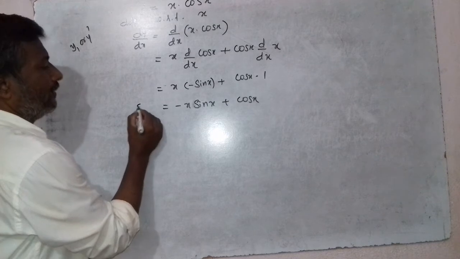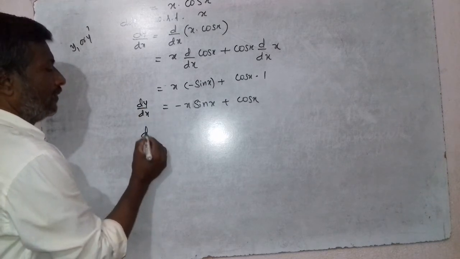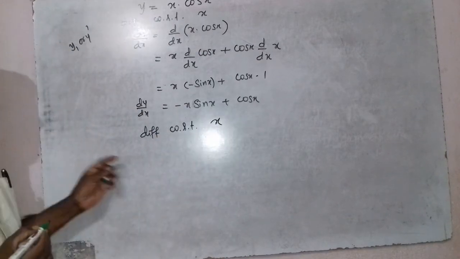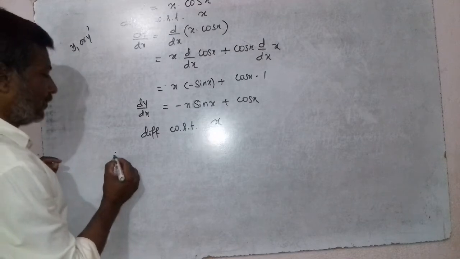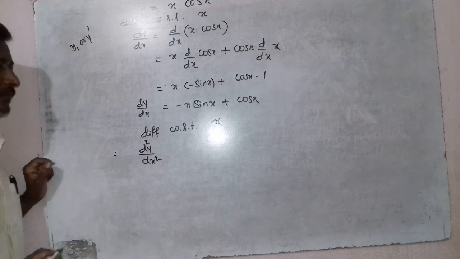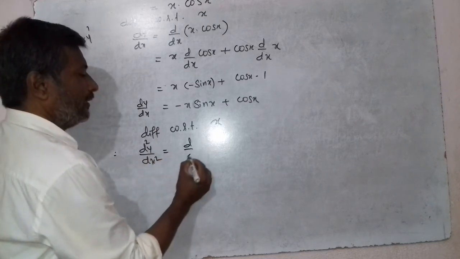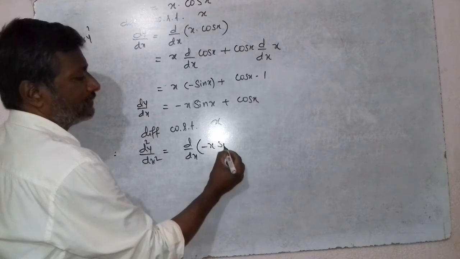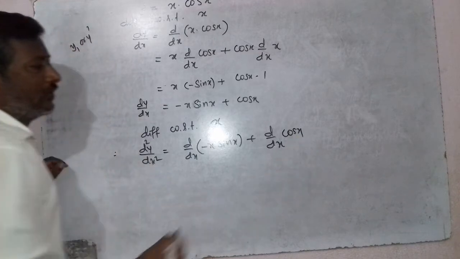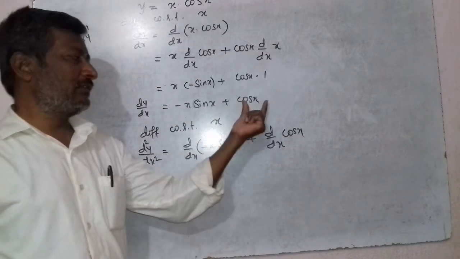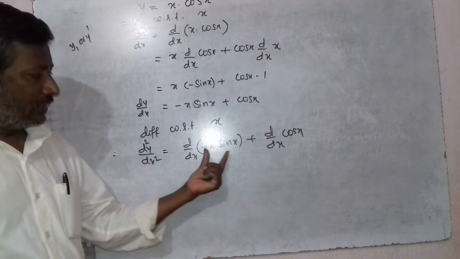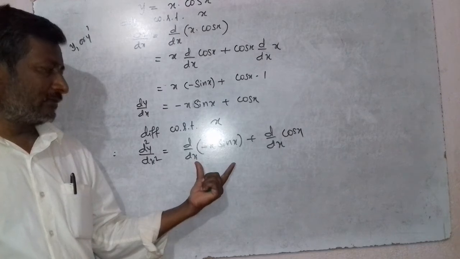Now differentiate again with respect to x. Therefore d square y by dx square equal to d by dx of minus x sin x plus d by dx of cos x. So f x plus g x, a sum of two functions. Here it is a product, and here again it is a product.